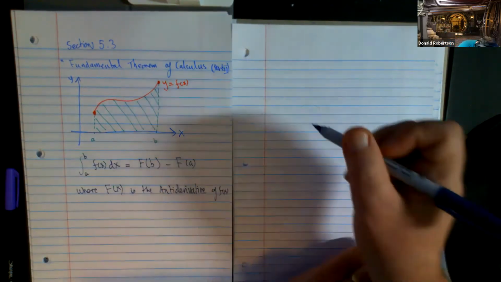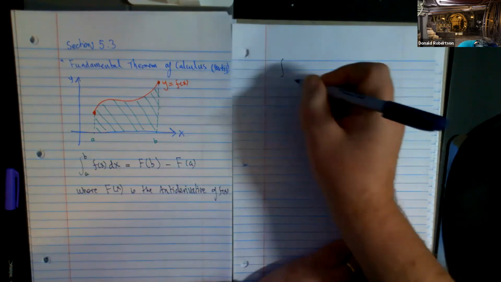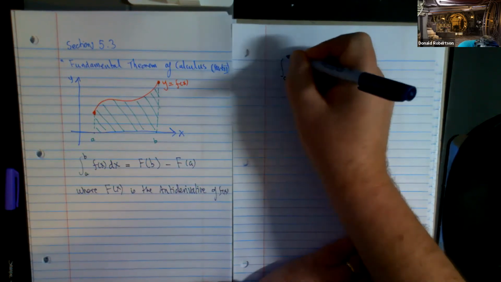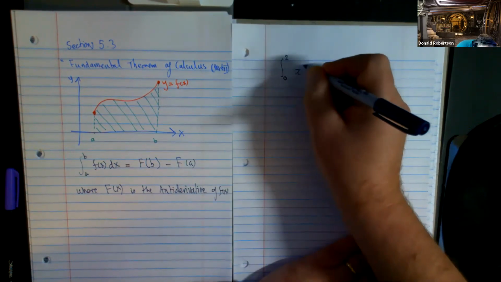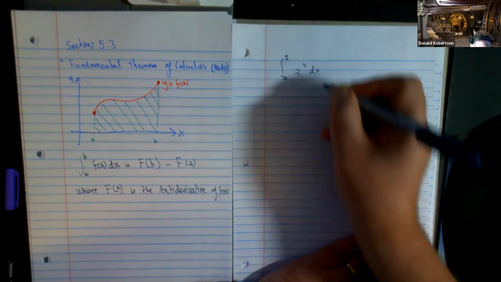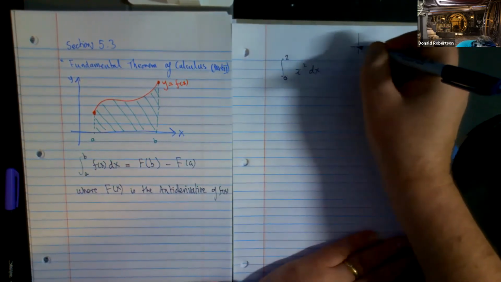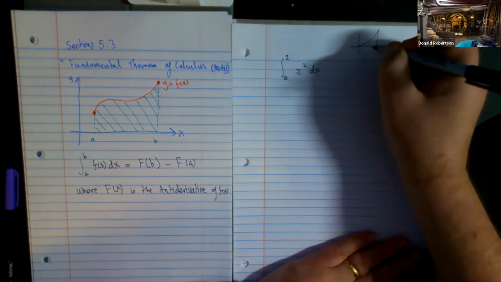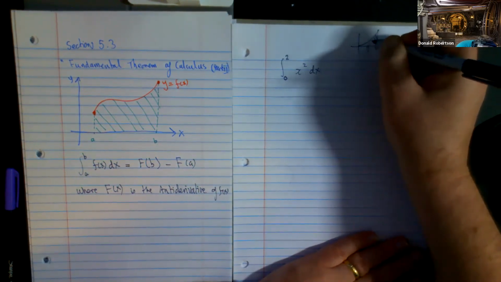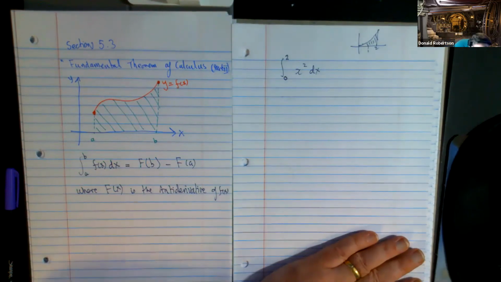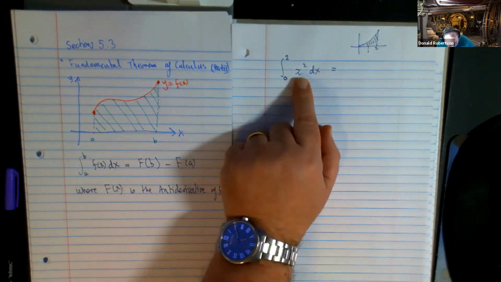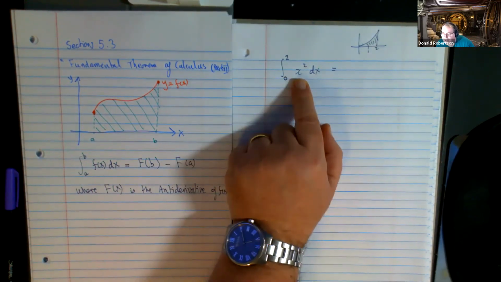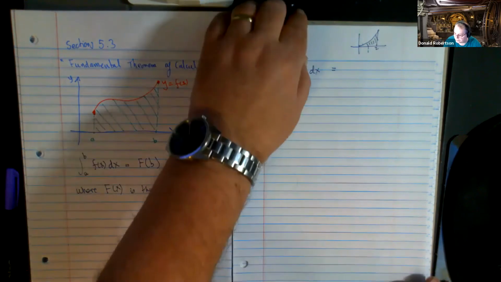So let's show you a very quick example of how easy it is to do. Suppose I want to know the area under the curve from 0 to 2 of x squared. Imagine what that might look like. Looks something like that. Now, I'll show you the way that we tend to set out the working for this. First thing you're going to do is the antiderivative of x squared. That's a power rule, isn't it?